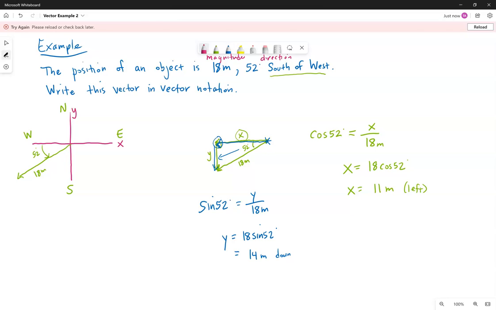So this vector we would write as negative 11 i hat minus 14 j hat meters. Negative 11 simply means go left by 11, and where you just ended, go down by 14, and we will end up where we started.